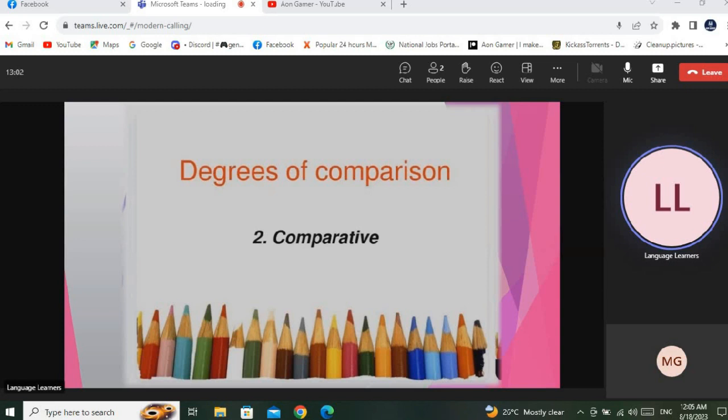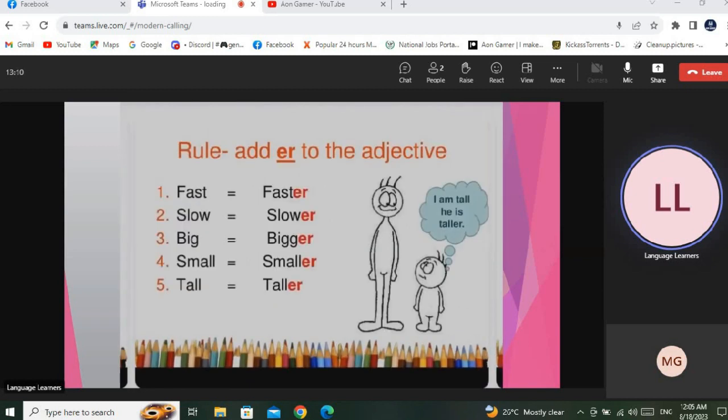When we are comparing two things with each other, we need to use the comparative degree. As you can see on the screen, fast is the positive degree, faster is the comparative degree. Fast, faster, slow, slower, big, bigger, small, smaller, tall, taller. So this is how it goes.